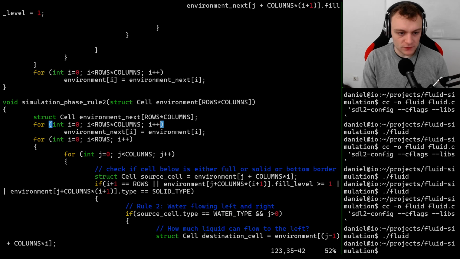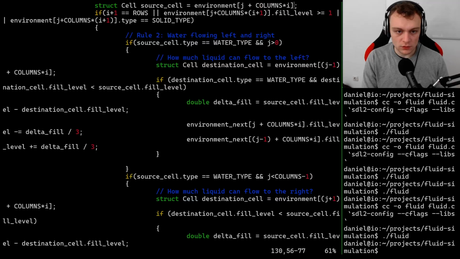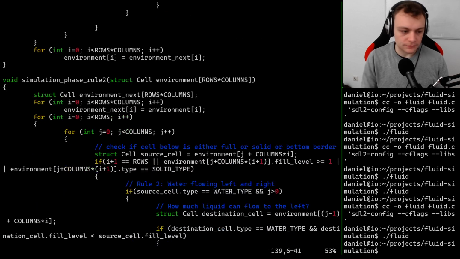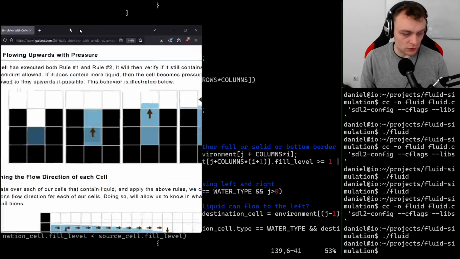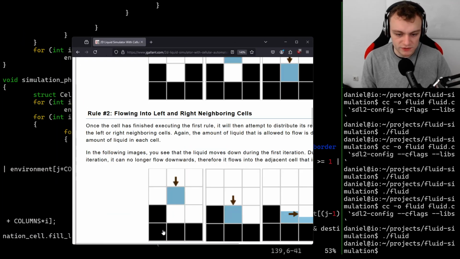Okay, so simulation rule number 2. Simulation rule number 2 is flowing into left and right neighboring cells.